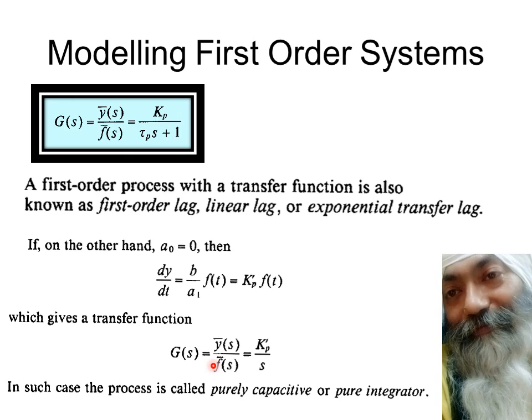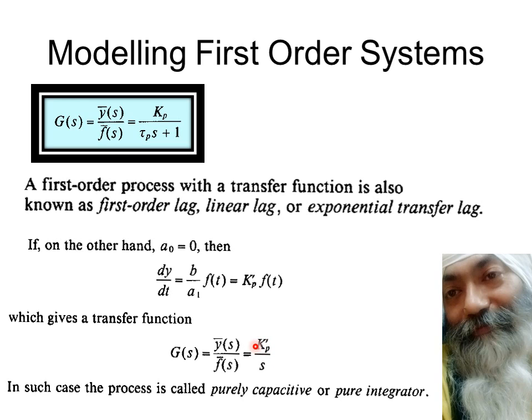Once again, the initial conditions will automatically become 0, and you will get the transfer function of this equation where a naught is equal to 0. This will become k dash p upon s.